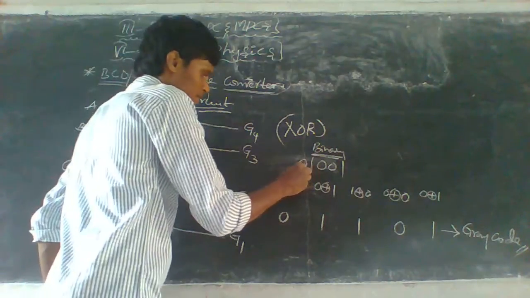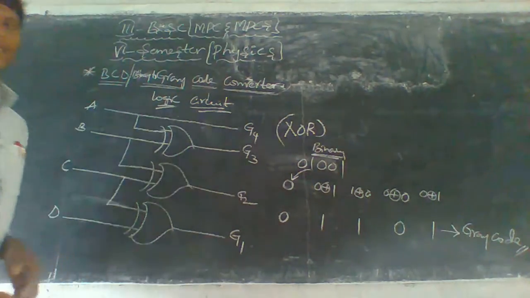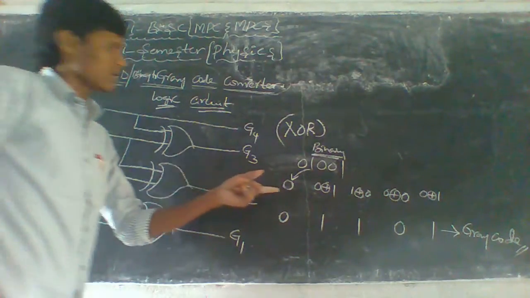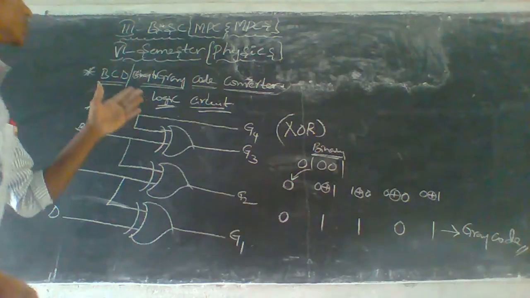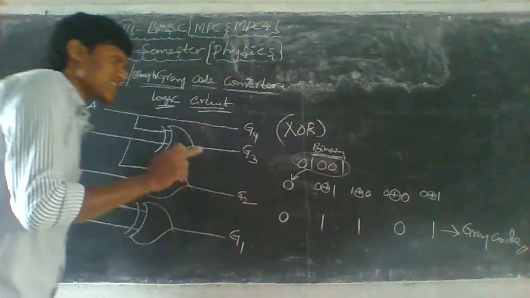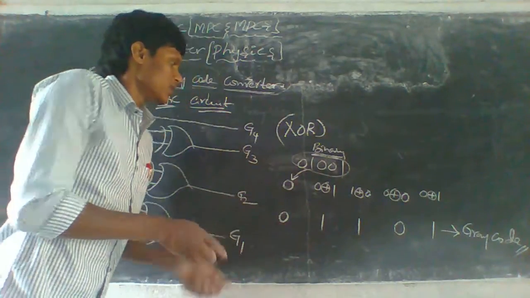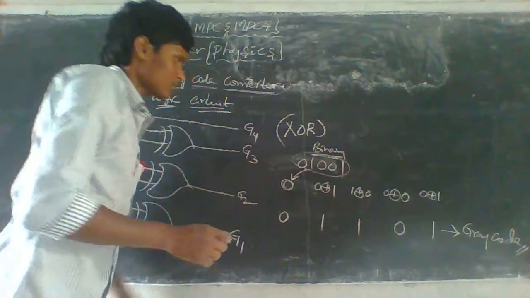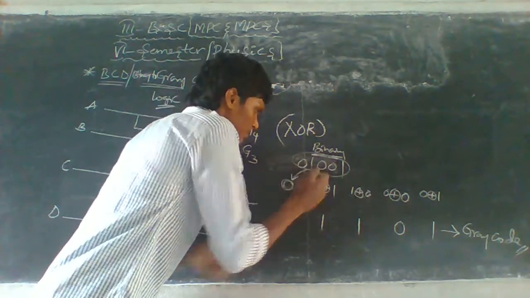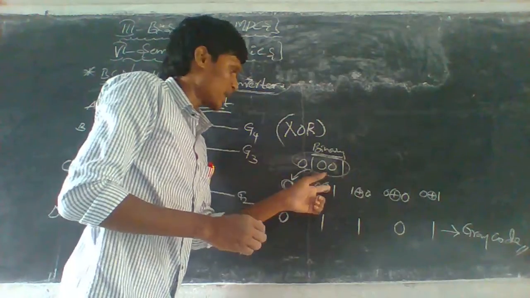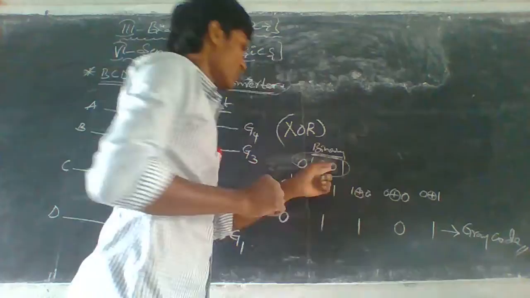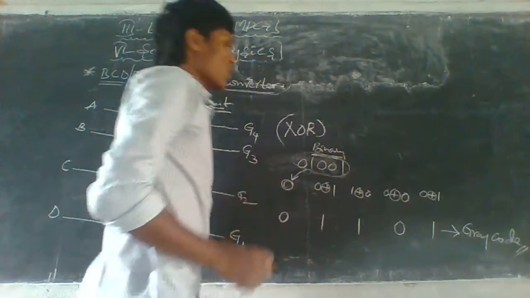So here this is the example of the binary to gray code converter. This is the binary number. It will be written as 0, then 0 plus 1, 1 plus 0, 0 plus 0, and 0 plus 1.